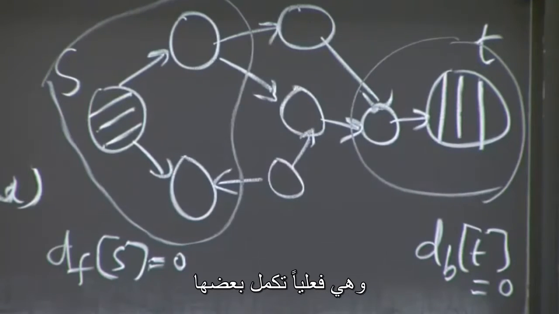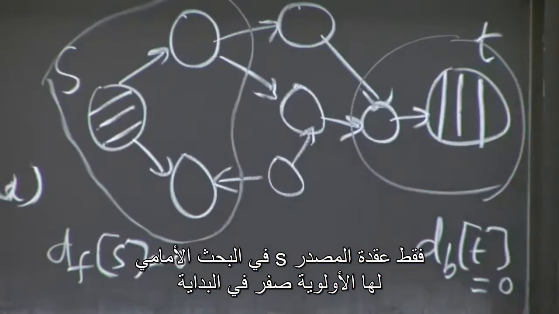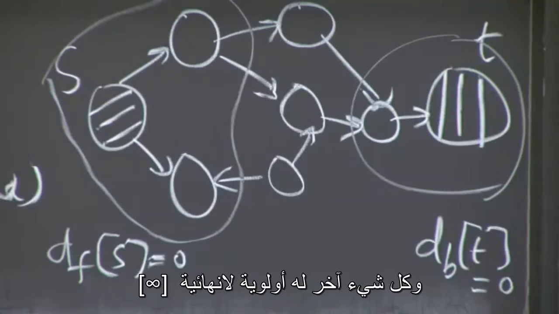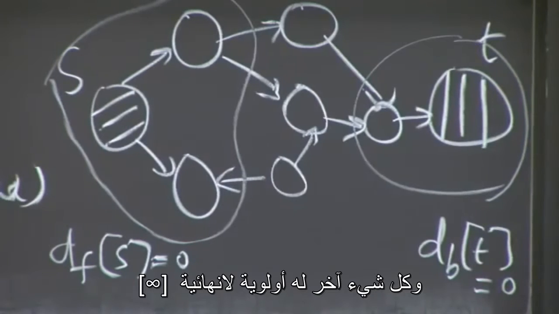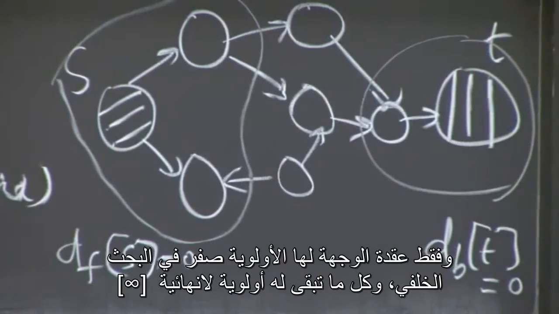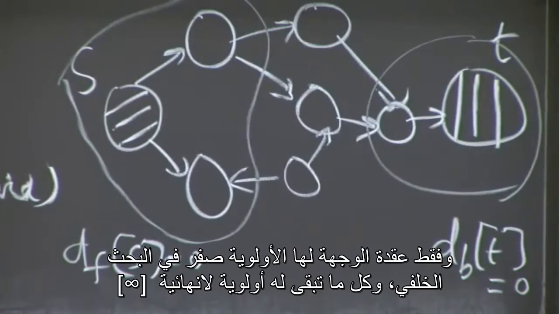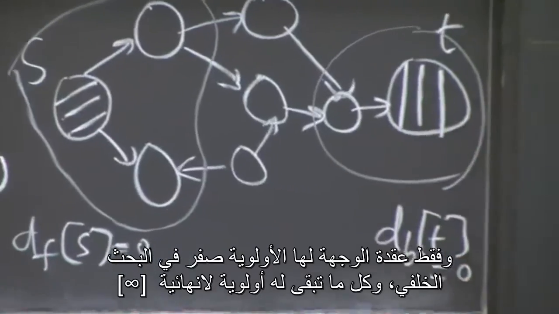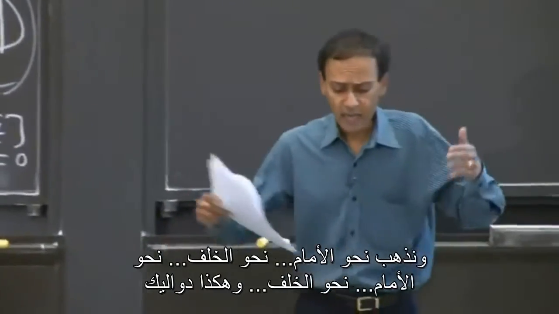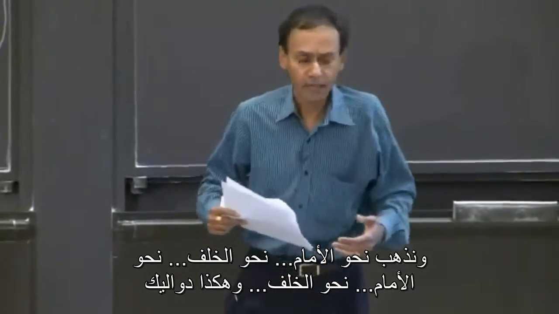It's exactly complementary: only the source S in the forward search has 0 priority at the beginning. Everything else has infinite priority. Only the target or destination has 0 priority in the backward search. Everything else is infinity. And you go forward, backward, and so on.